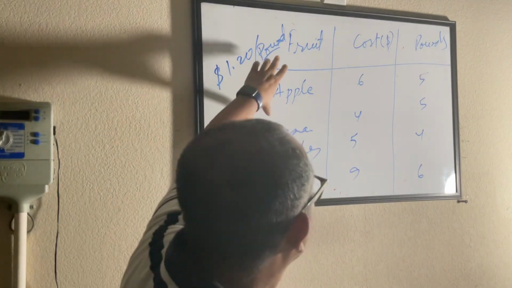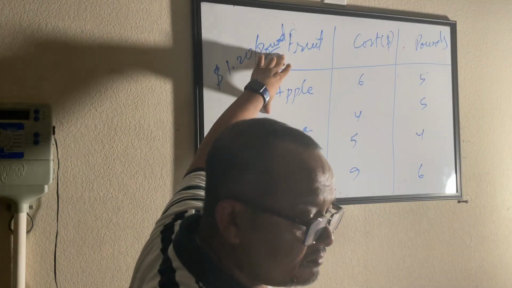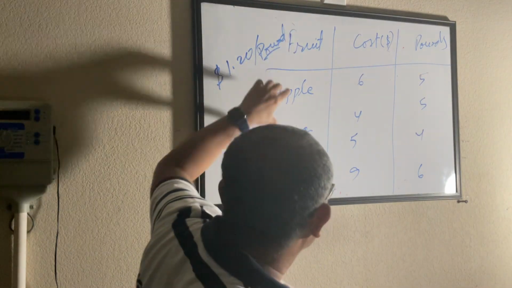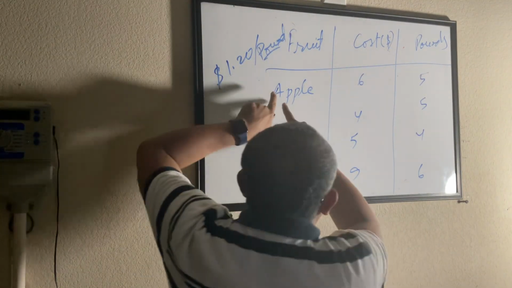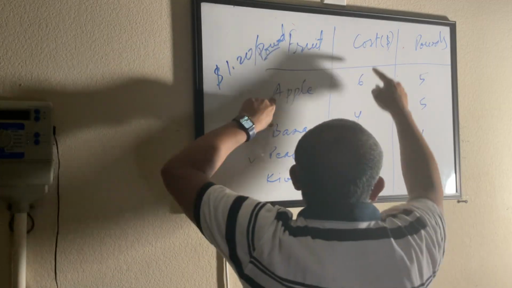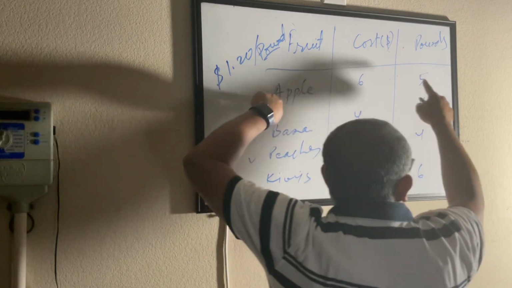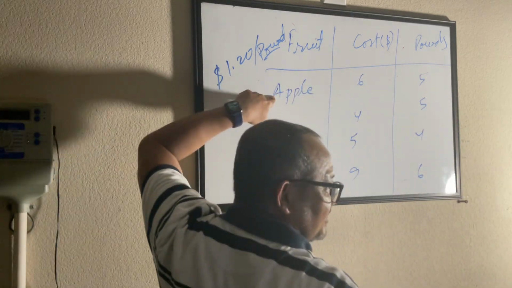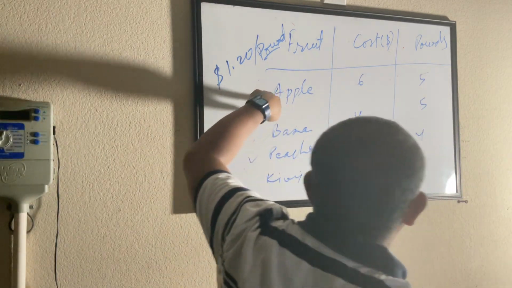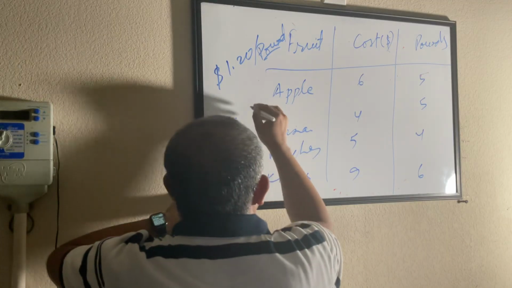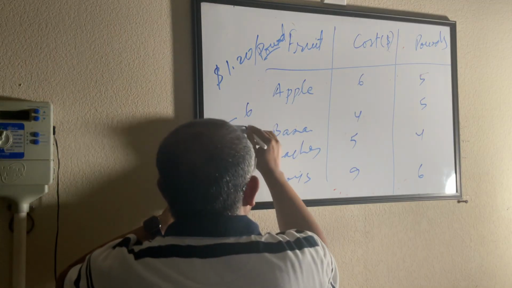Now, if you read this table, fruits: apple, bananas, peaches, kiwis. If I read it this way, apple's cost is $6 for 5 pounds. Can I change my answer to apple? Yeah. So 5 pounds come for $6. 1 pound comes for 6/5.